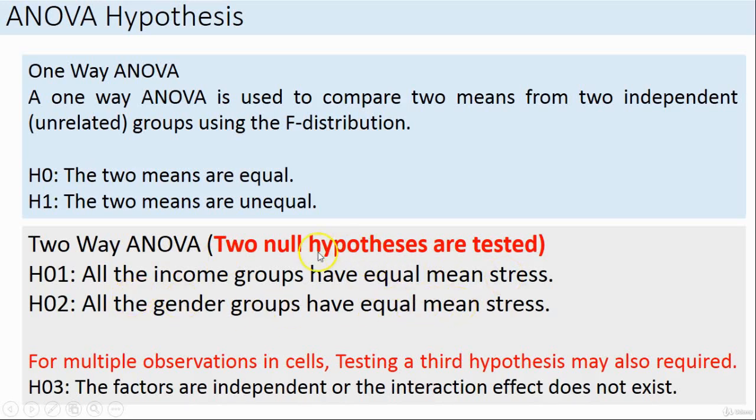So here we are doing the two-way ANOVA test, and the two independent variables are income and gender. In the case of null, we talk about the existing situation, which means there is not much change. So these two will be tested for the two-way ANOVA. Similarly, if there is a third factor, then the third factor will be included. This is the way to build the hypothesis for ANOVA.